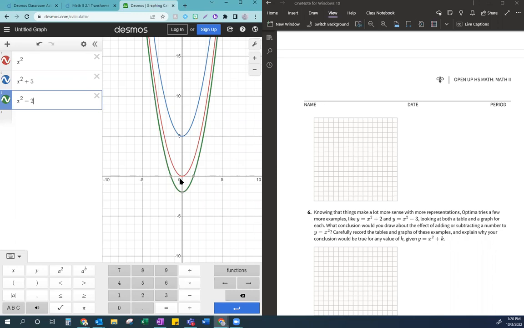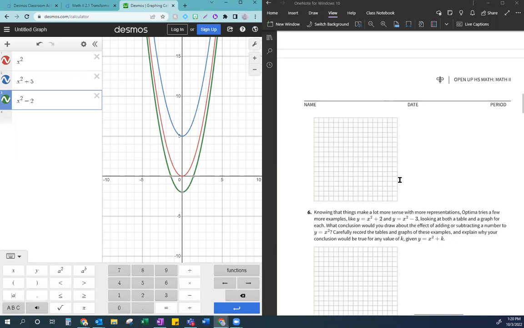I just moved it down. So these are called translations. Say the word with me, translation. A translation doesn't change the shape of anything, right? It didn't change the shape. I just shifted it. I just moved its location. Very good.